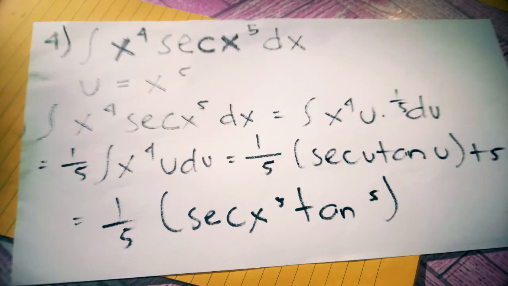Lastly, number 4, the integral of x^4 sec^5 x dx. Let u equal x^5.